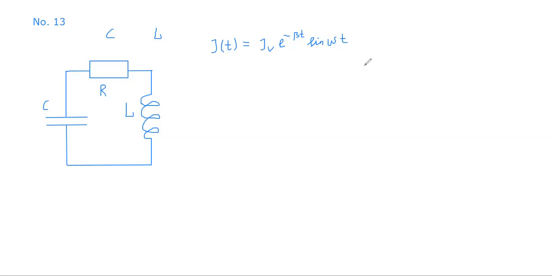Find the voltage across the capacitor as a function of time, and in particular at the moment of time t equal to 0.